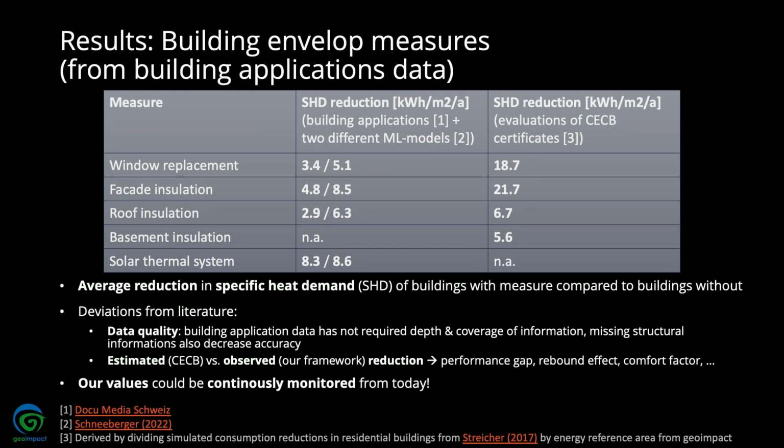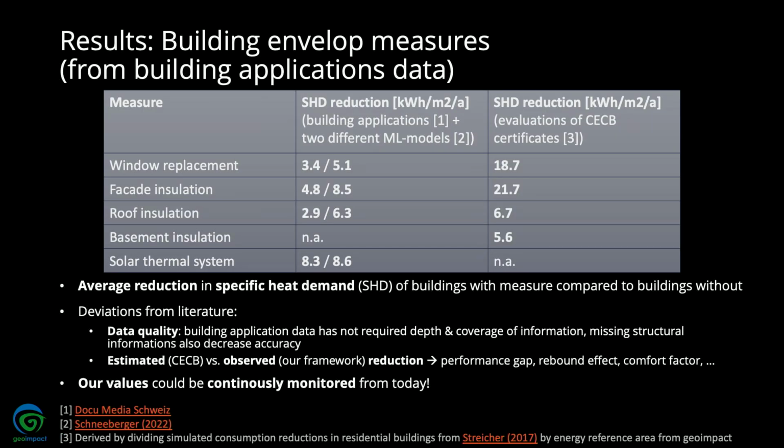So what I want to emphasize is that our values here could already today be actually continuously monitored for all the buildings where you have the consumption and these attributes. And you could also apply it for your efficiency monitoring if it will come. Yeah, but at least it would be possible.